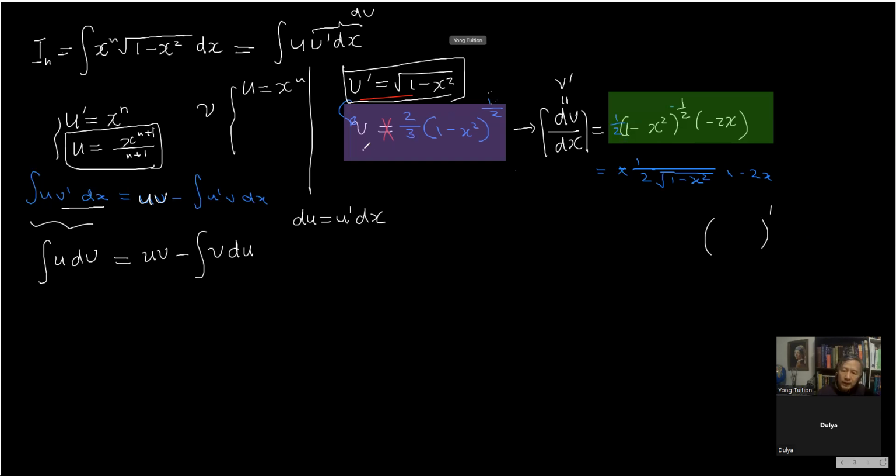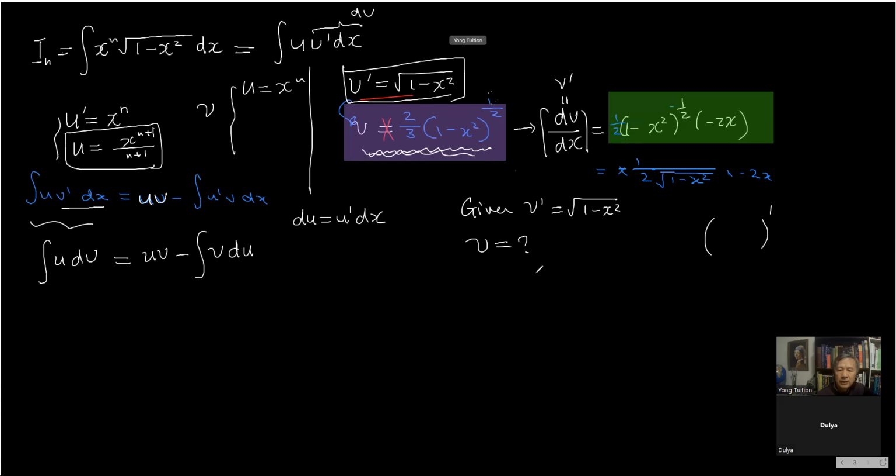My question is whether this formula is true. Okay, we are talking about that. Given, so this is the question. Given that the first derivative equal to root 1 take x squared, what would be the v? Can you see? Okay.